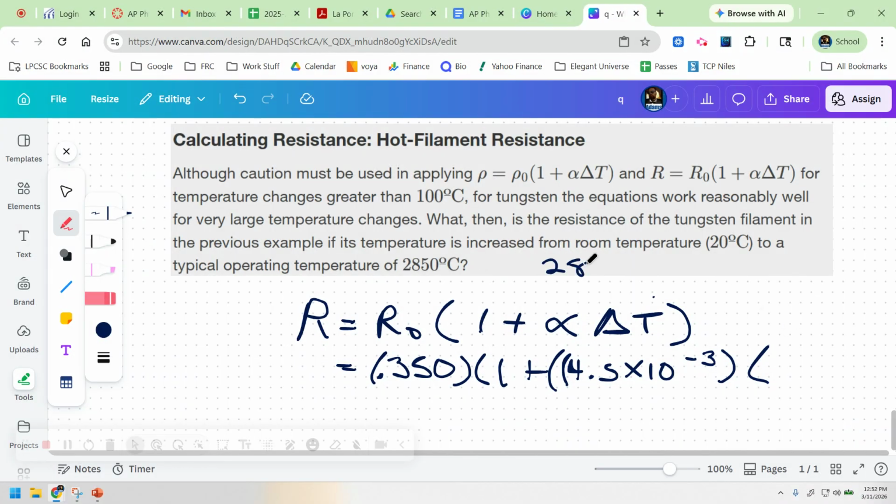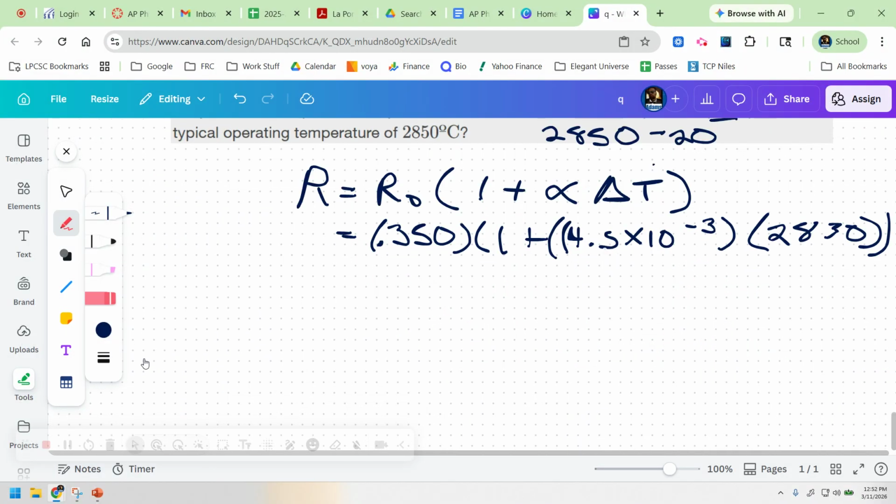So the final temperature is 2,850 minus the initial temperature, which is 20. So that's easy. We could do that in our head. 2,830. Holy parentheses, Batman, and we end up with 4.8 ohms.